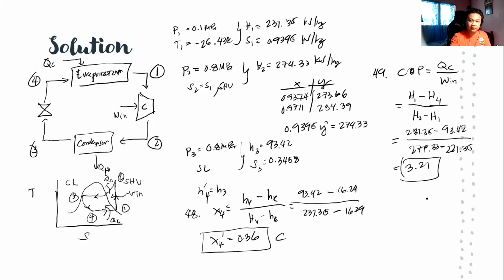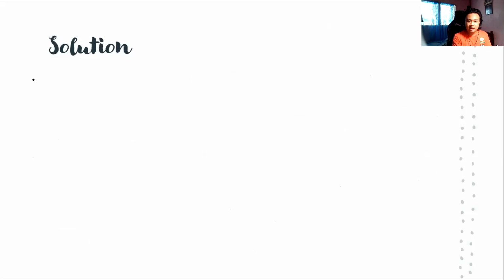Number 50 is actually a different scenario, because we are told that the throttling valve is to be replaced with a turbine, di ba? So let's draw the same system. We have a compressor here, and work in, and then we have a condenser, and then we now have a turbine here.